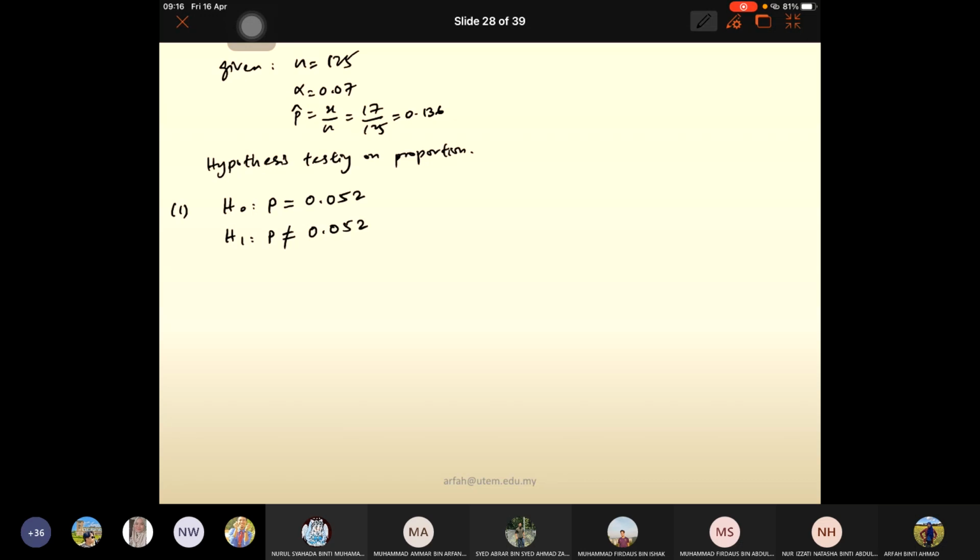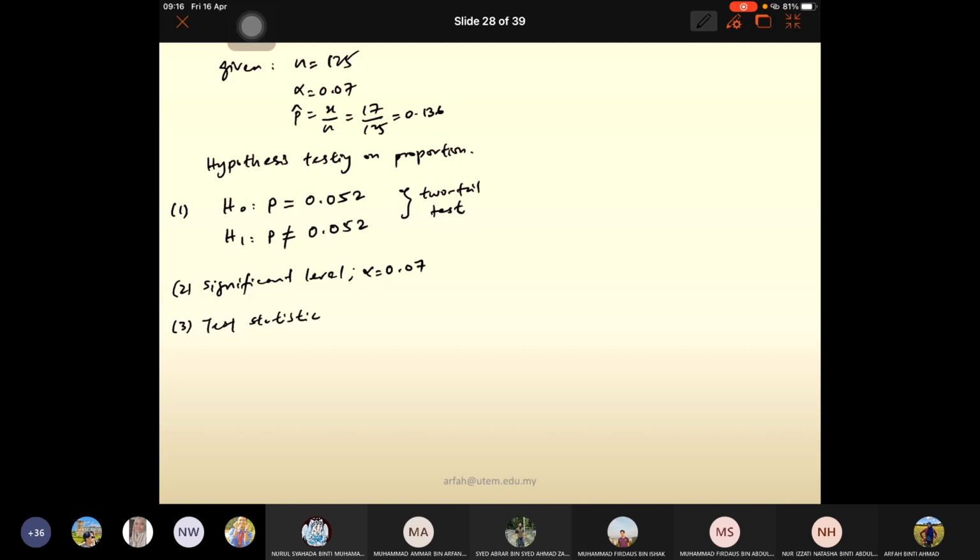So ini akan jadi two tail test, sebab dia ada tanda sama dengan dan juga tidak sama dengan. Okay. So yang kedua, significant level. Dia dah bagi alpha equal to 0.07.